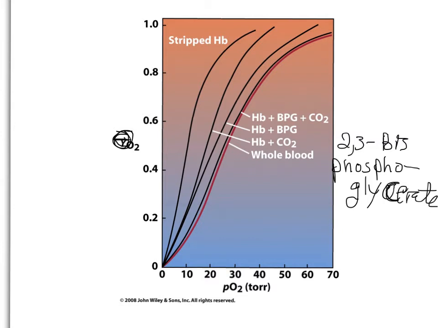It, in fact, gets converted from 1,3-bisphosphoglycerate. I'll show you where that comes from in a minute. So if you notice, you add hemoglobin plus 2,3-bisphosphoglycerate, you change the binding curve again, and then when you add both CO2 and 2,3-bisphosphoglycerate, now you get a binding curve, this black here, that matches what you would see in whole blood.